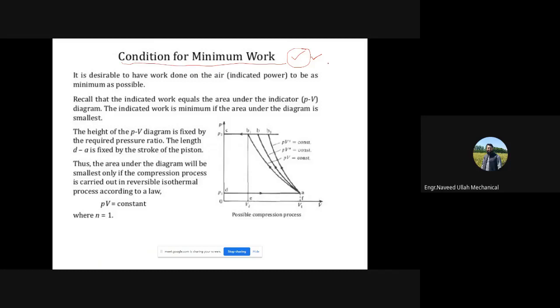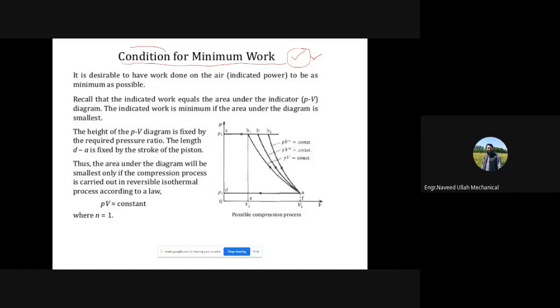As far as power producing devices are concerned, we do something with the machine that can increase the power output. So in the case of power producing devices, we want to maximize the output, and in the case of power consuming devices, we want to minimize the power input. This idea is about that.